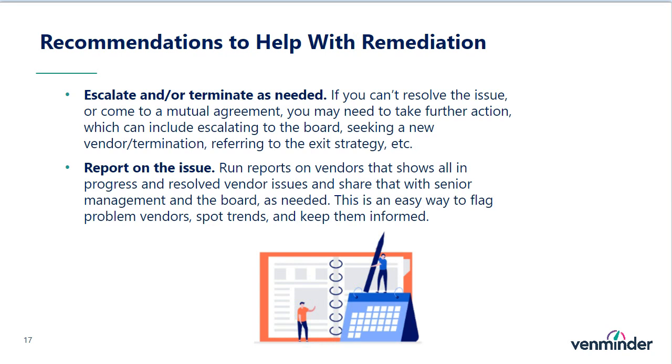Next up is additional escalation and/or termination. There might be a natural escalation for an issue that can be resolved and remediated, but what about those issues that you can't resolve, where you can't come to a mutual agreement? What happens there? You should think about that in advance so you have that process and that mechanism in place.